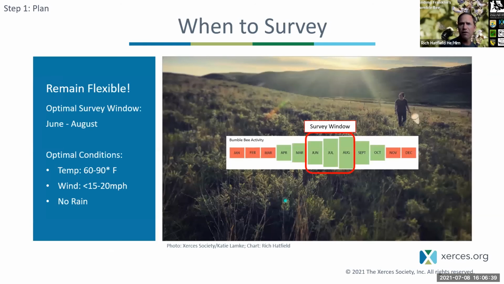The survey window for this species and for all bumblebee surveys in this area is going to be June, July, and August. This is when workers of most species are active. We'd like to catch workers versus queens just because it's less likely to have an impact on the colony. And males, I didn't explicitly say this when I was going through identification, but I was mostly talking about female identification, which are much easier to identify from photos than males are.